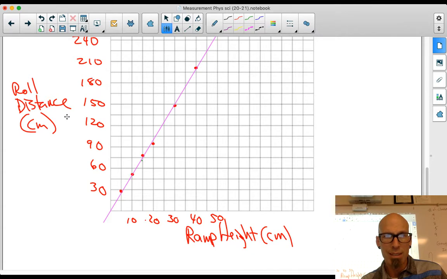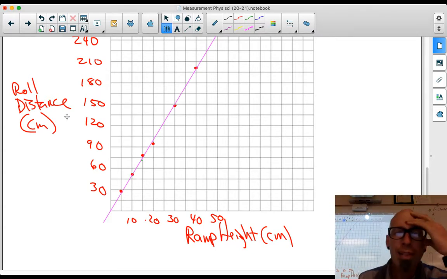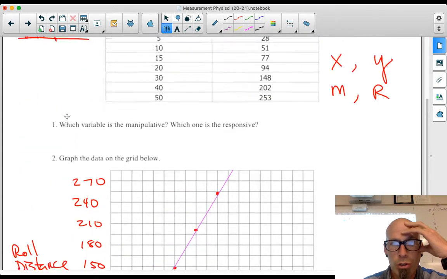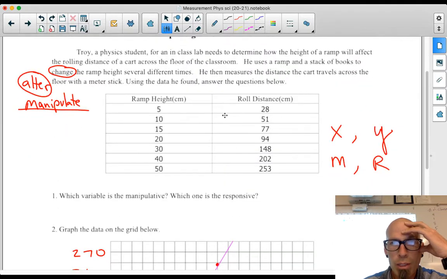the rolling distance. Now, what would the data look like if that wasn't true? If the rolling distance was unaffected by the ramp height, then what might we see? Think about it. The ramp height continued to get bigger and bigger and bigger, and what happened to the rolling distance? It did not change.